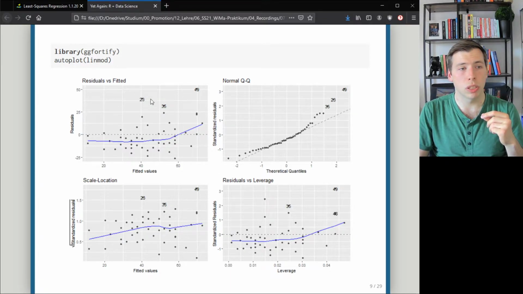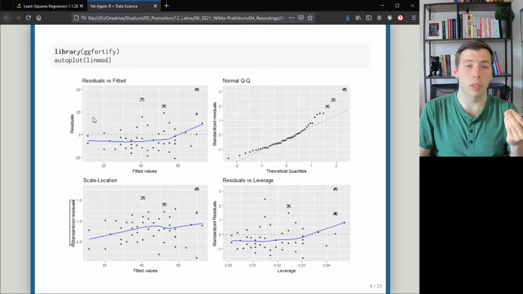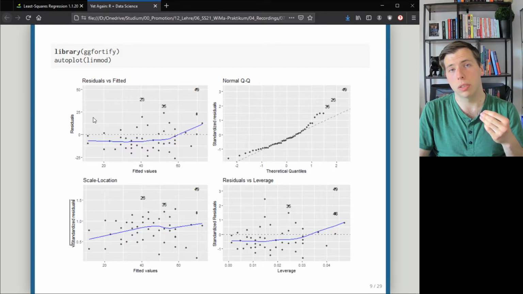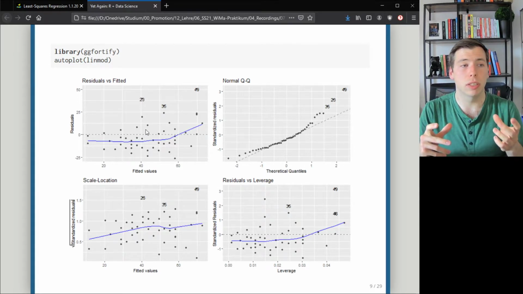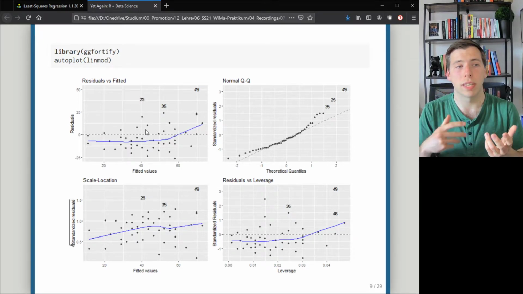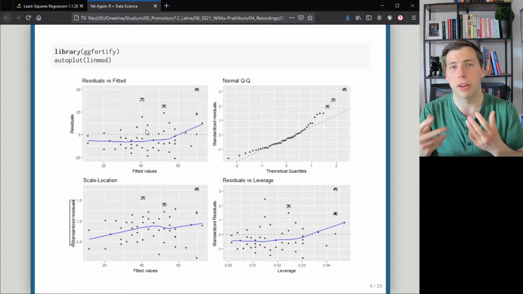For instance, we see here that the residuals are not really completely randomly distributed. If you think about it, our model says that the residuals are IID random normal random variables, and they should all have the same variance. If this is actually true, then you should see a residuals versus fitted plot that has no real pattern in there.